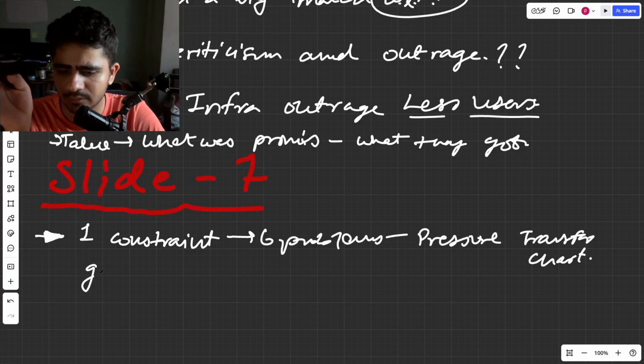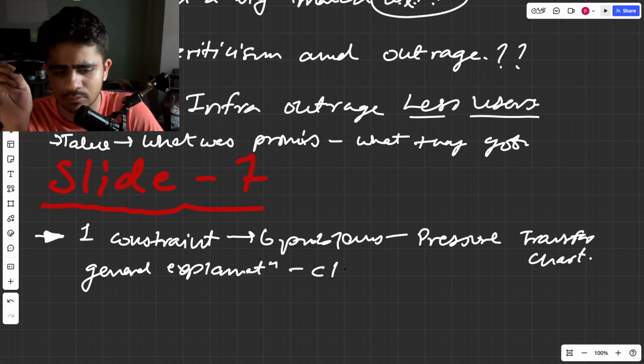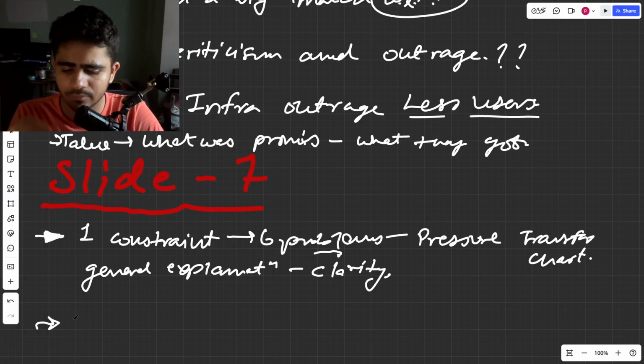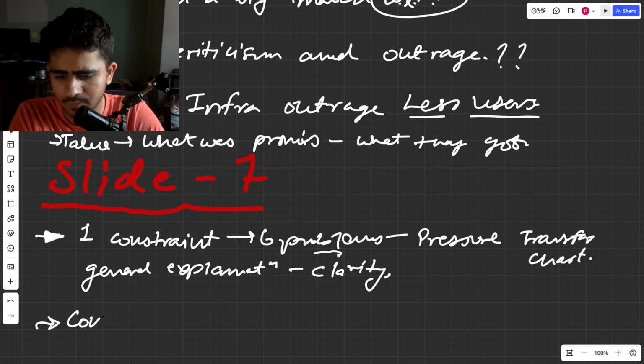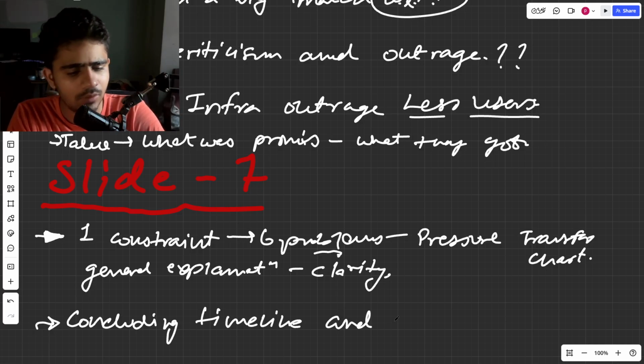General explanation. Clarity. This could be on slide number 7, basically concluding, the timeline and what had happened.